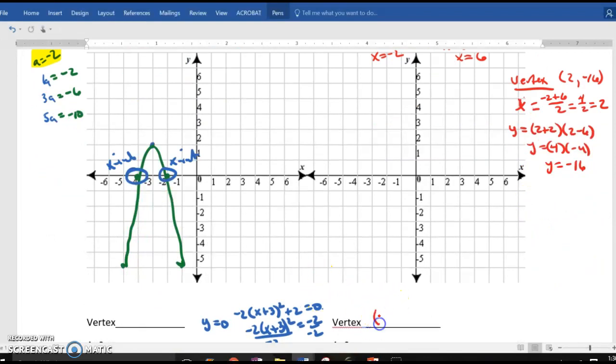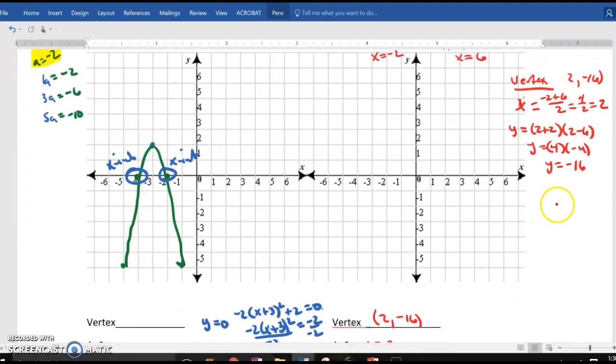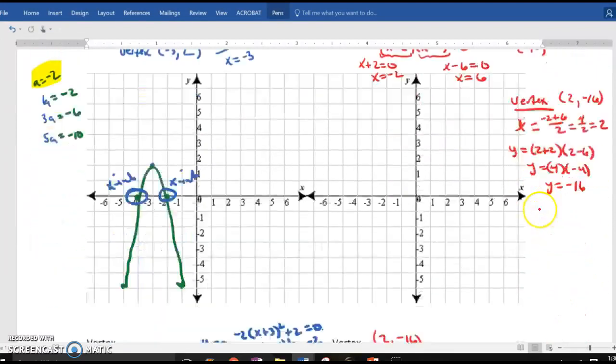If you get it, go ahead and use it. If you don't, just go FOIL it out, complete the square, and find the vertex. Our axis of symmetry right away, x equals the x-coordinate of the vertex, which is 2. Do not forget it's an equation. And then my x-intercepts, we already said, were at negative 2, 0, and 6, 0.